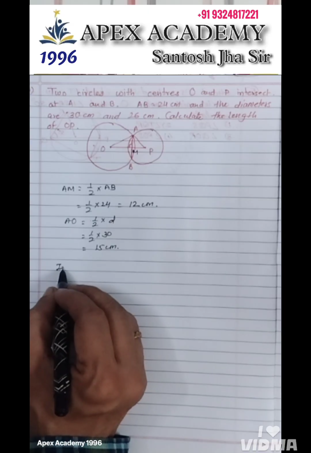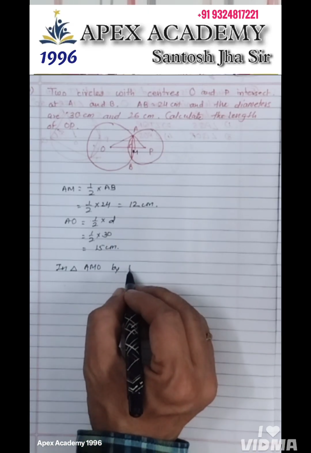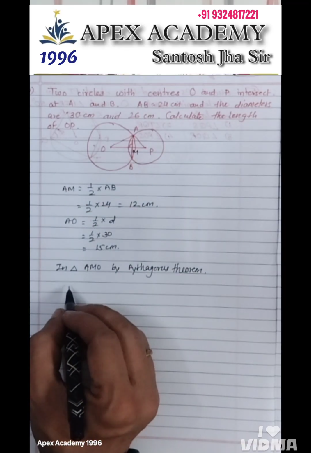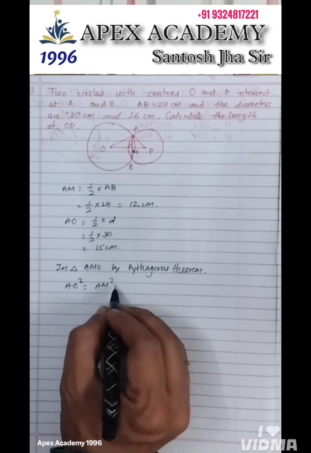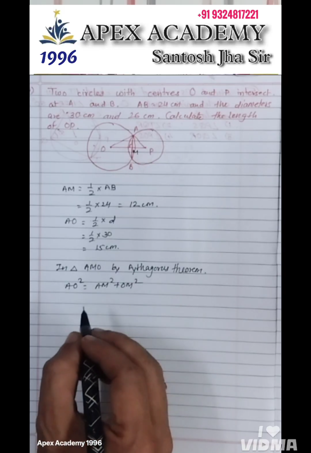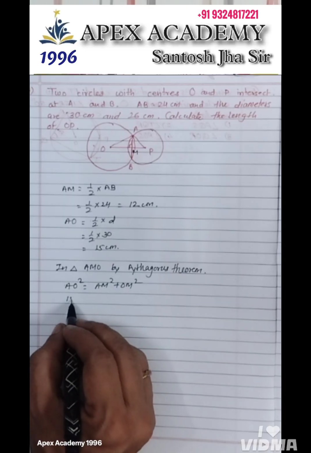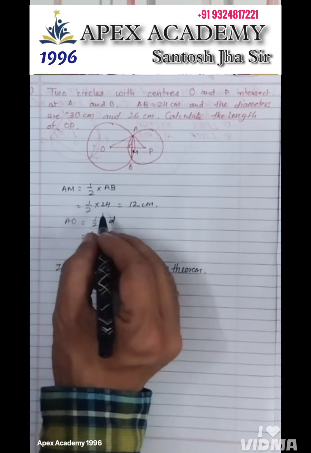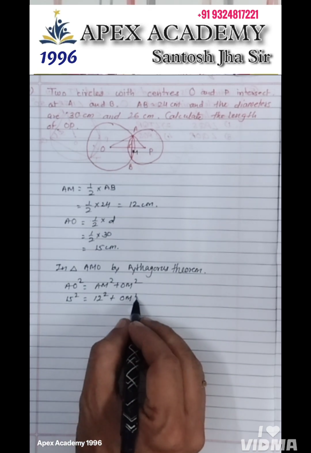So now in triangle AMO by Pythagoras theorem, we'll get AO square is equal to AM square plus OM square. AO is the radius that we already found, 15 square, and AM is 12 cm, so it is 12 square plus OM square.